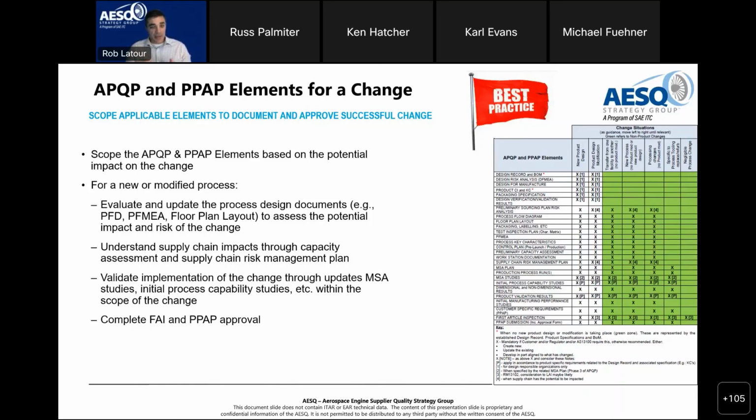Based on the phases and change situation, we can understand what elements are applicable. We can configure those elements to match the scope of the change, execute them, and get back into production with an effective change implemented and see the benefits that we were going after.